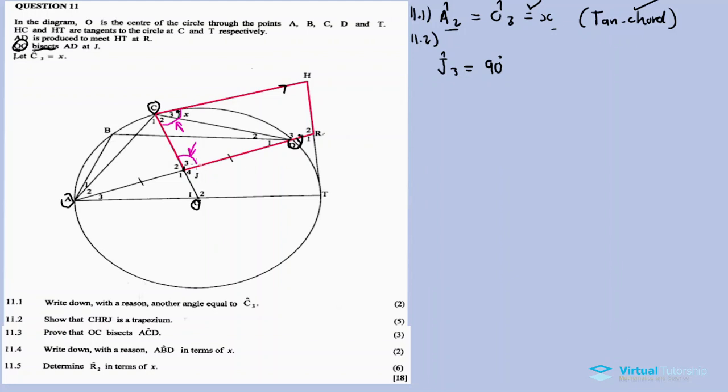It means that J3 is equal to 90 degrees because of the theorem which says line from center to midpoint of a chord, right? This is theorem 1. It means J3 is equal to 90 degrees.